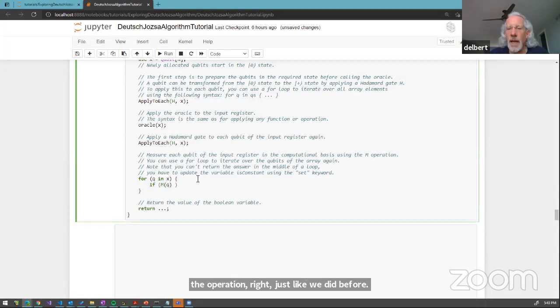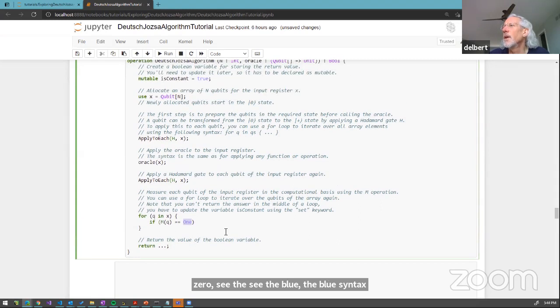And so we're going to say M(q) == One. And One and Zero, see the blue syntax highlighting here, are reserved for the measurement states One and Zero, rather than integer 1 and 0.